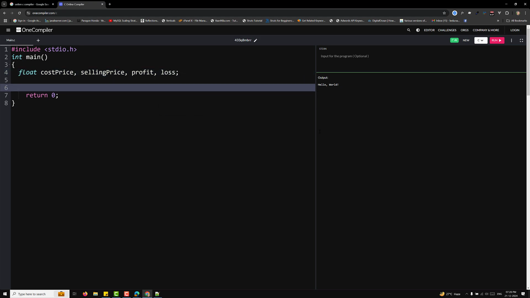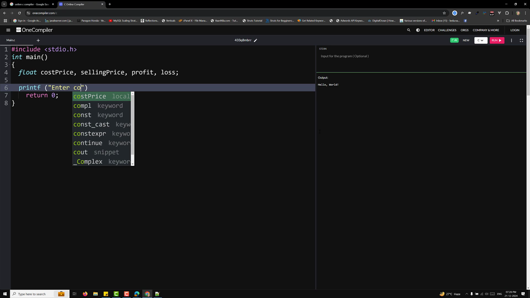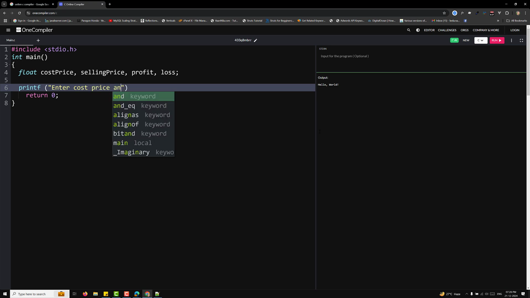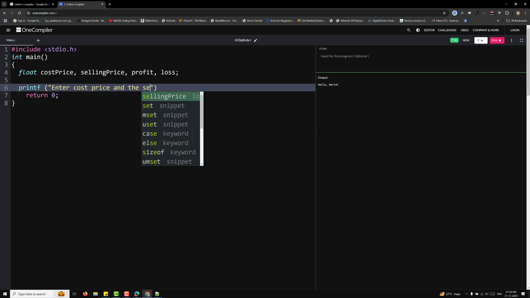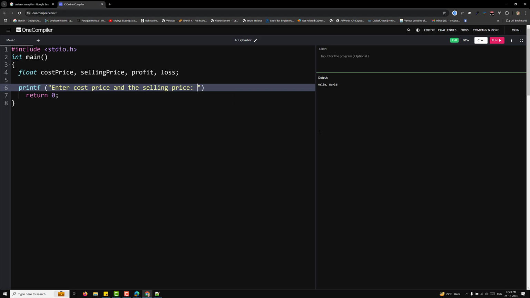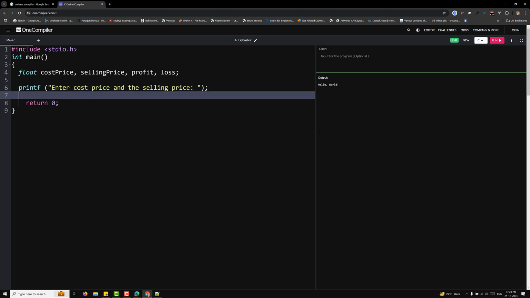Now we will ask with printf, "Enter cost price and the selling price". Then scanf with percentage f, ampersand cost price and also ampersand selling price.